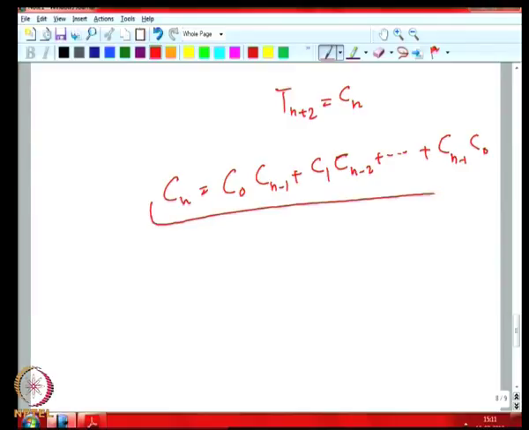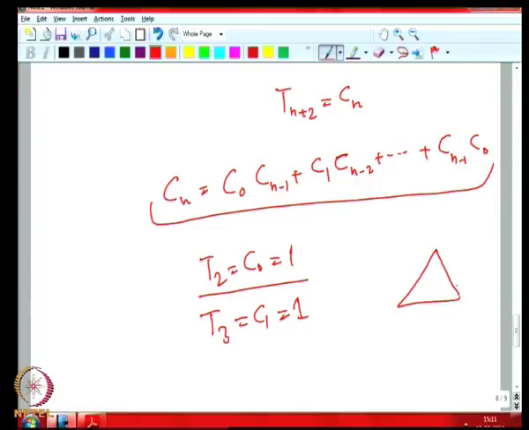This is the same recurrence relation as we had for the Catalan numbers, and the initial conditions are the same as we have seen, because T2 is C0 is equal to 1 as we defined it, and T3 is equal to C1 is equal to 1, because once you are given a polygon of 3 sides, it can be triangulated in only one way.